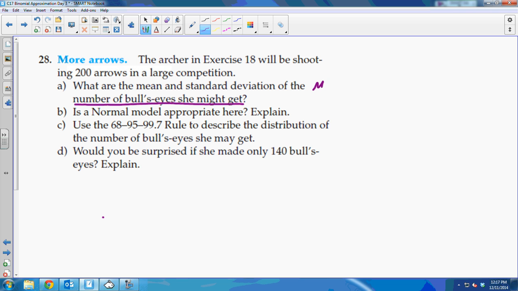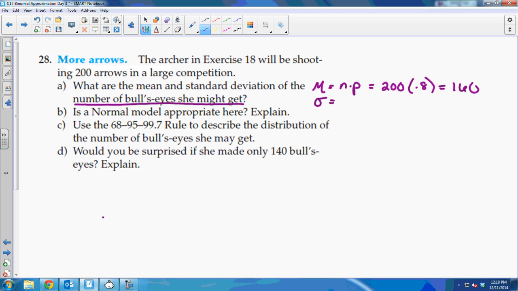How many should we expect her to get? The mean is n times p. So that's 200 times the probability of making the bullseye, still 0.8. So that's 160. So we expect her to get 160 bullseyes. Yes?